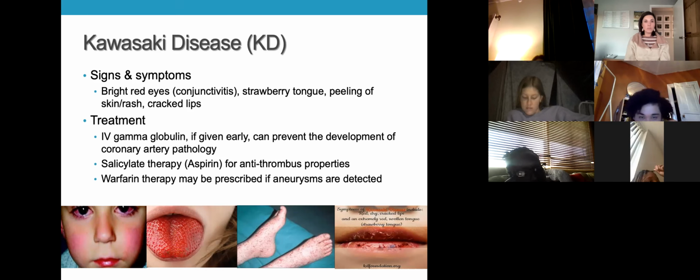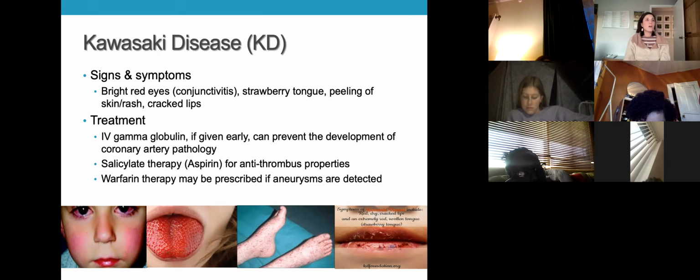The signs and symptoms that we see are those bright red eyes, a strawberry tongue, peeling of skin and rashes, and then cracked lips. So those 4 pictures along the bottom are telltale signs of Kawasaki's disease. We treat it by giving IVIG, and if we give it early, we can prevent the development of the coronary artery pathology.